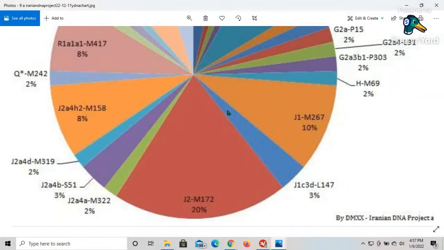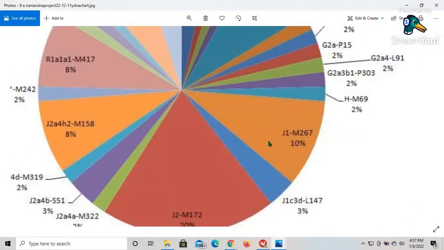Let's just suppose J2 is Judah. Okay, then who would this J2M172 be? This J2M172 is probably the direct descendants of King David and Solomon, because that's one big lineage right there. These would be the rest of Judah. These would be Arabic in Israel, the rest of Arabic in Israel.